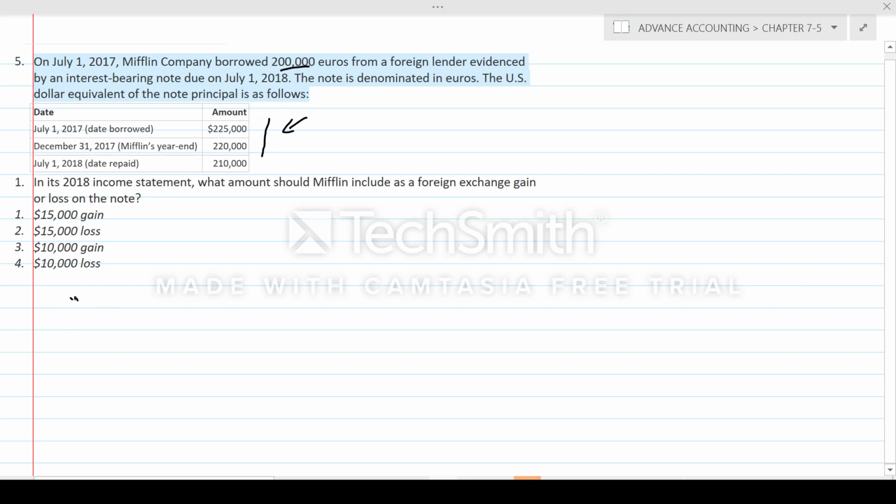And so we're going to record as of July 1, 17, they had a note payable of $225,000. That's evident from the little schedule up top.